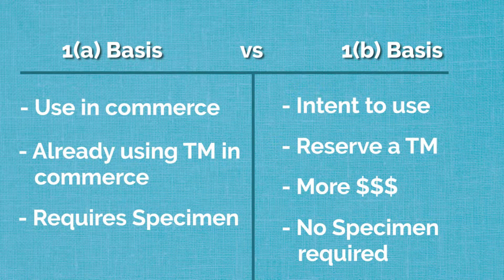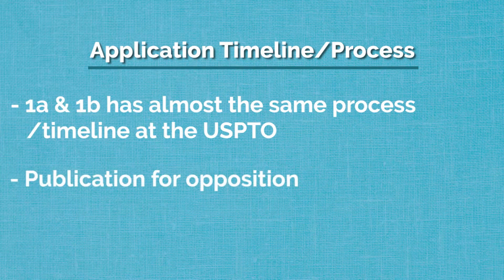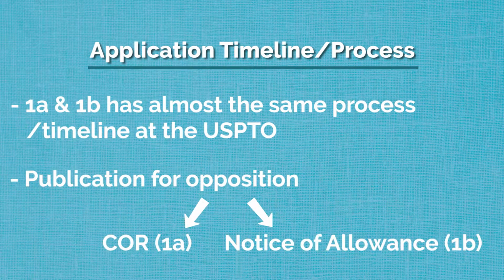Now let's get into a few more of the details and specifics. So as far as the timeline and process goes, 1A and 1B applications have almost the same process and timeline with the USPTO. So the way it'll work is whenever you file your trademark application, it'll take about 2-3 months for it to be assigned to a trademark attorney or an examining attorney as they call it.